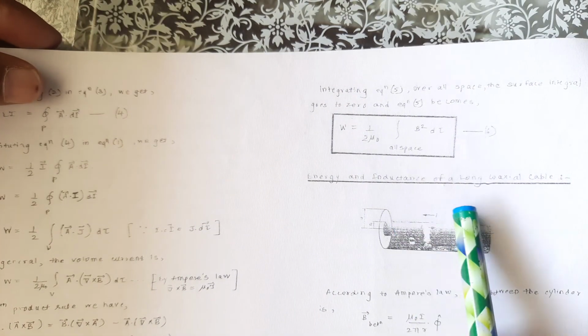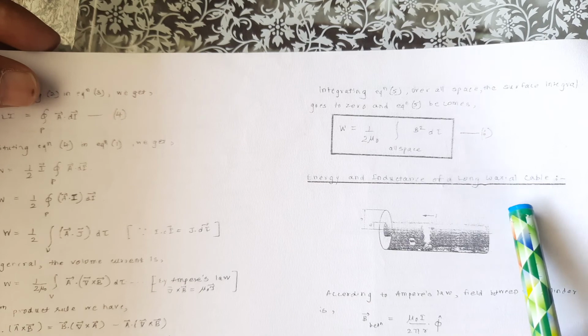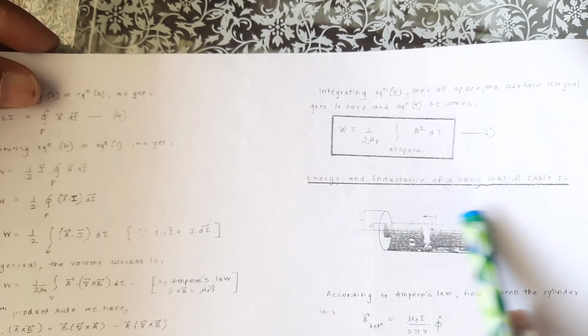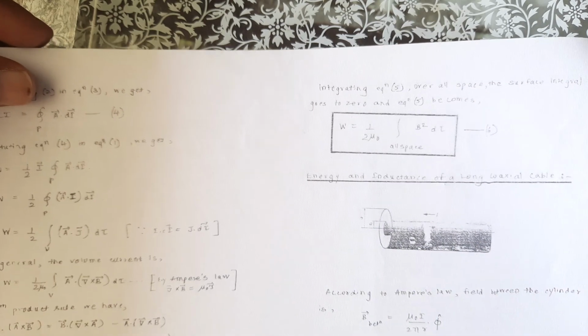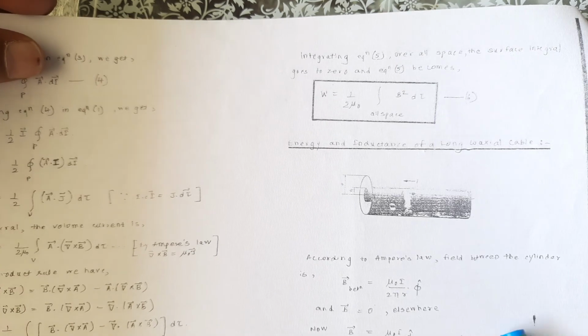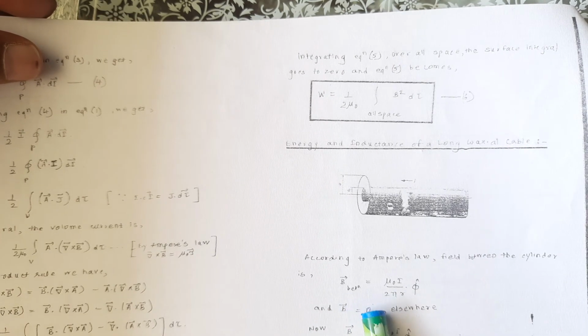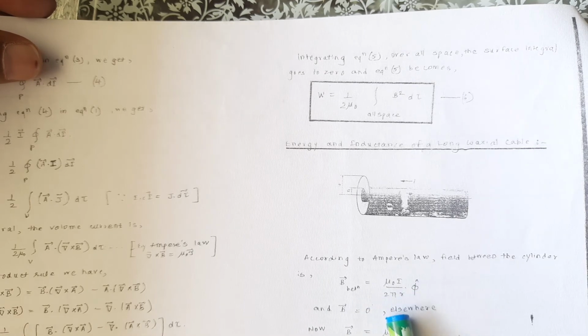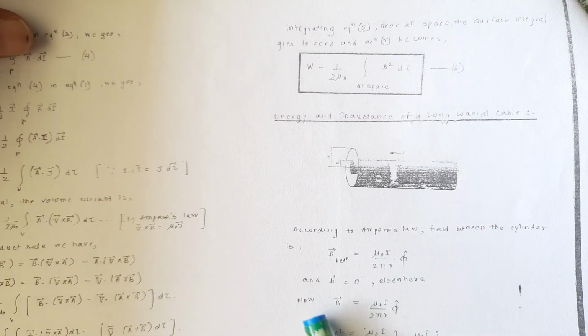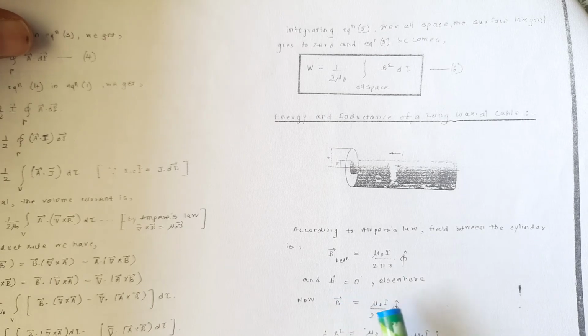Now energy and inductance of a long coaxial cable. Here we take a long coaxial cable. According to Ampere's law, the field between the cylinders is B = mu 0 I/(2 pi r) phi cap, and B is 0 elsewhere.